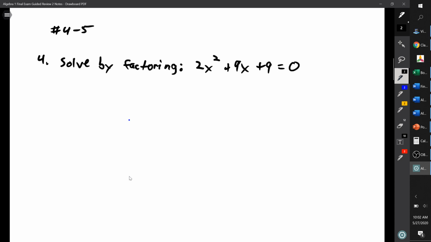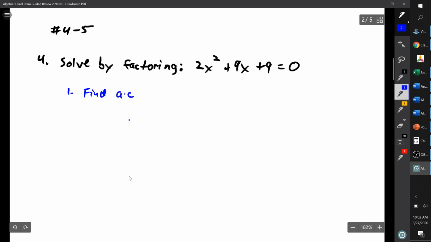When it is not a 1x squared, we need to find a times c. In this case, it is 2 times 9, or 18.